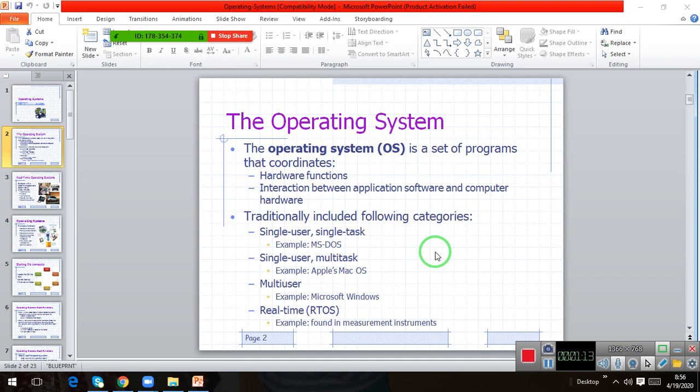Hardware understands only the binary language, which is known as machine language. So there is a middleman, and that is the operating system. So the operating system plays the role of interaction between the application software and the computer hardware function.